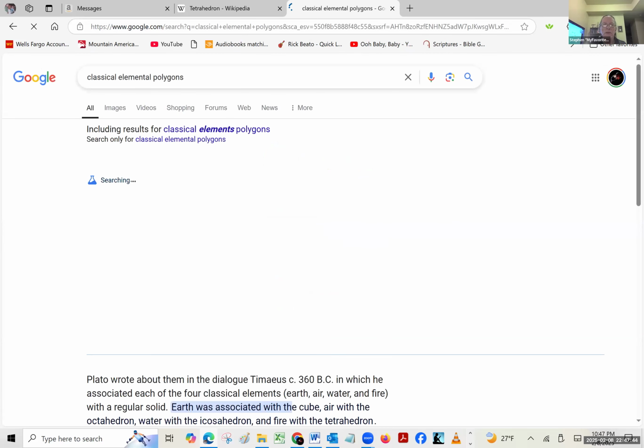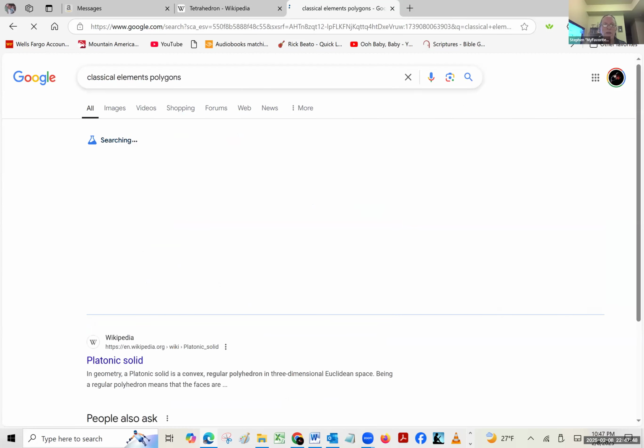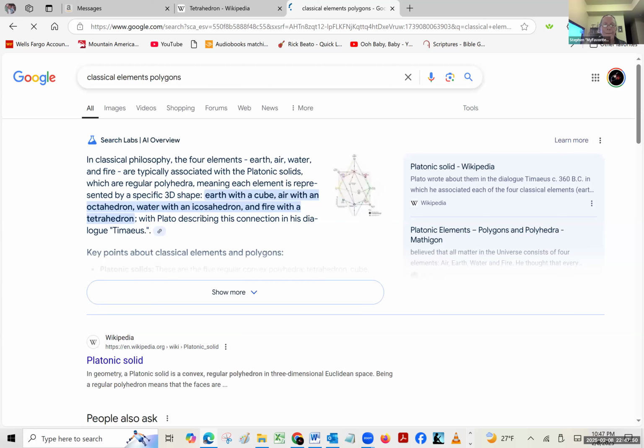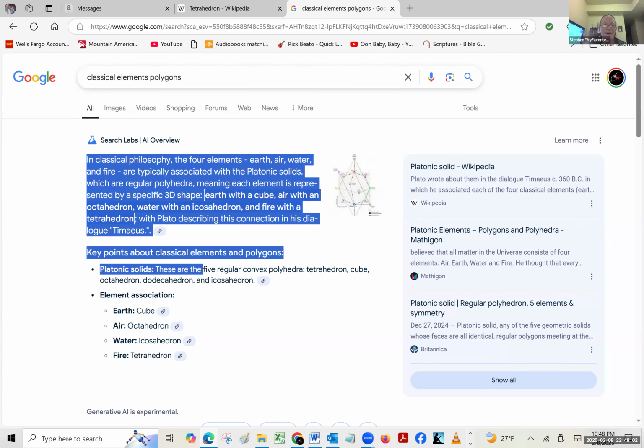Are they polygons? Five platonic solids. Earth with a cube, air as an octahedron, water as an icosahedron, and fire with a tetrahedron. Are you hip on that? Yeah.